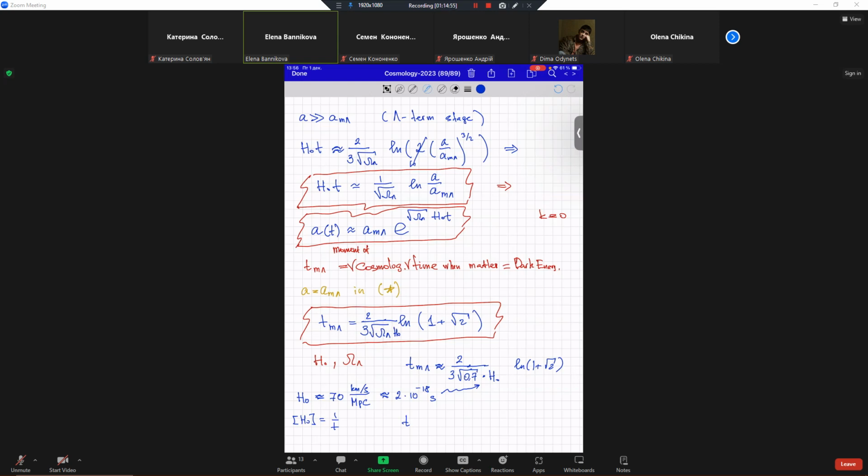And finally, we can obtain that T m lambda, I just know this by heart, it's approximately 9 billion, this is a 9, yes? Billion years.